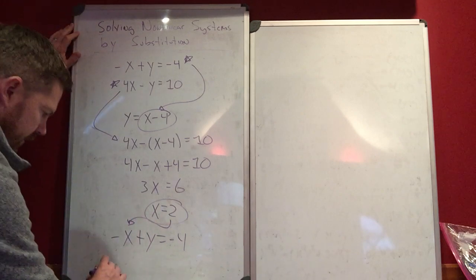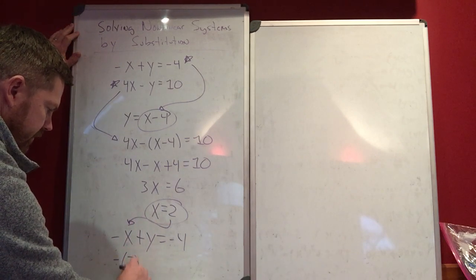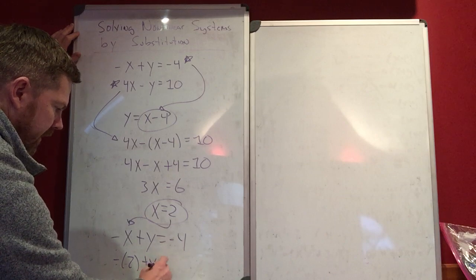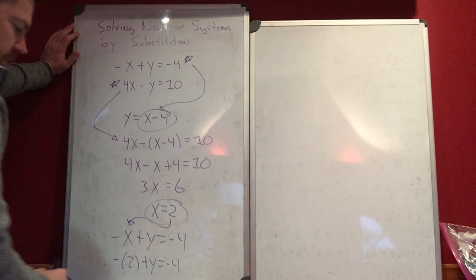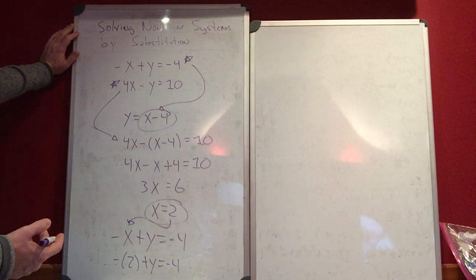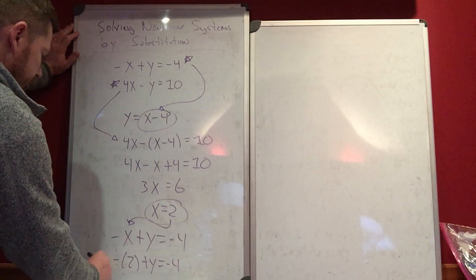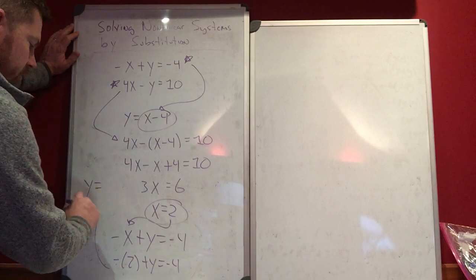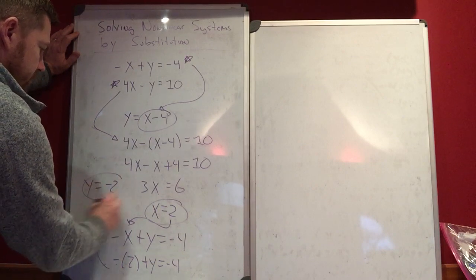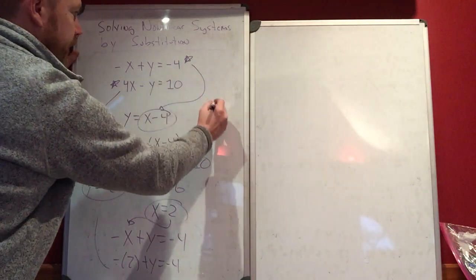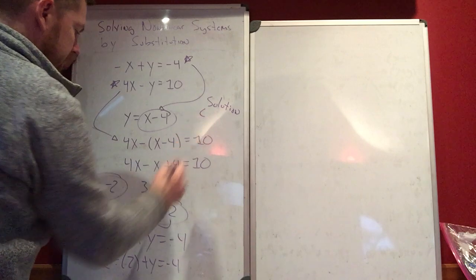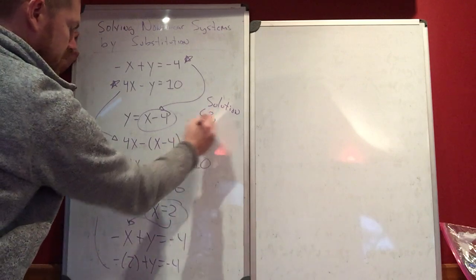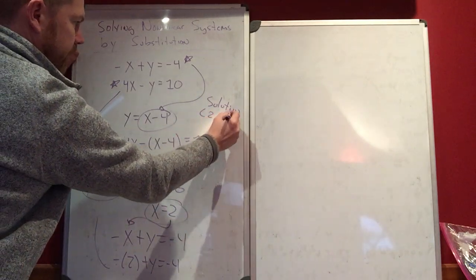So negative 2 plus y equals negative 4, so we're going to add 2 to both sides. So y would equal negative 2. So our solution would be the coordinate point 2, negative 2.